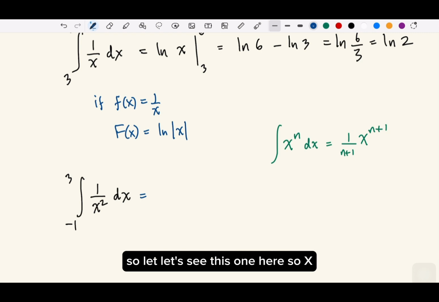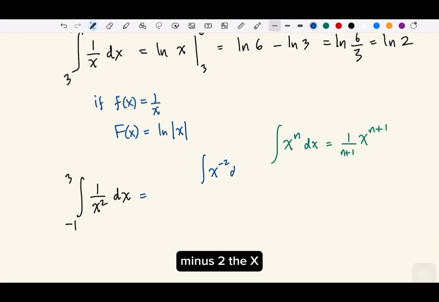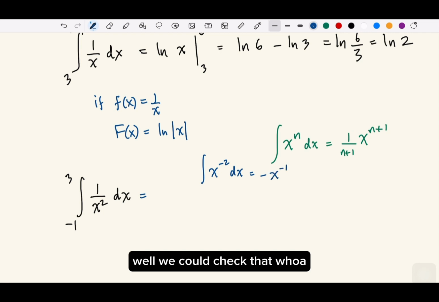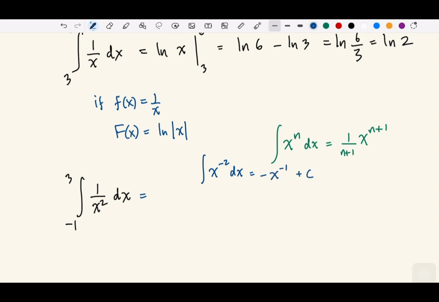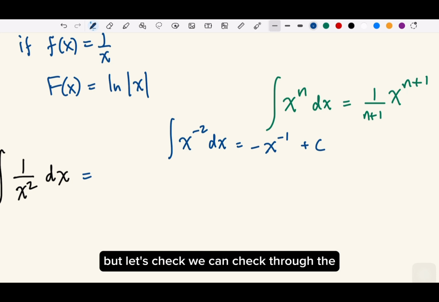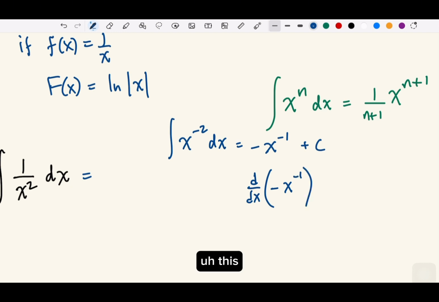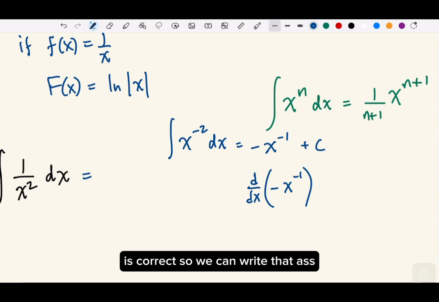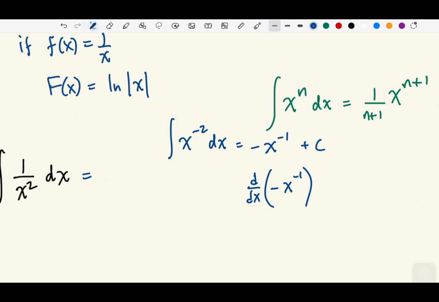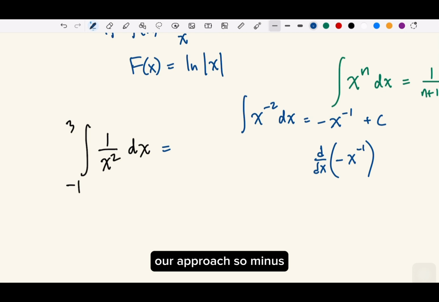Okay. So let's see this one here. So x to the minus 2 dx. If we integrate this, perhaps this is the answer, plus c. But let's check through the derivative. So minus, go here, positive, minus 1, becomes the same. Right? So this is correct. So we can write that as our approach. So minus, and put back the numbers.